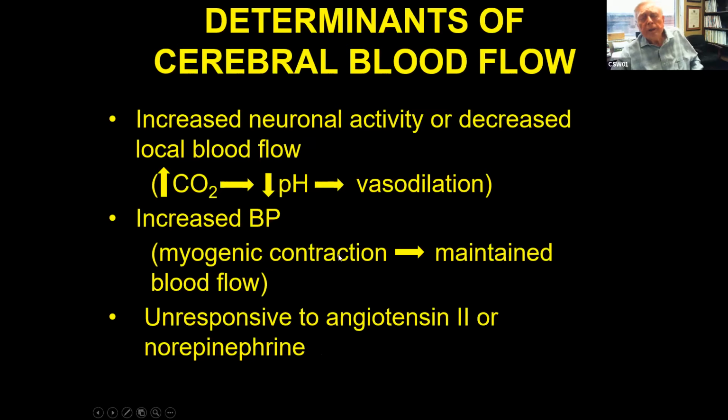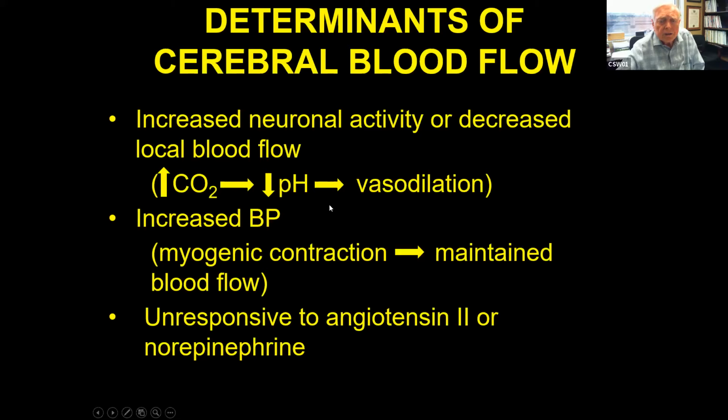So let's talk for a little bit about the blood flow to the brain, which is often the critical variable here. The brain blood flow is regulated by two factors. An increased neuronal activity or a decreased blood flow leads to the accumulation of carbon dioxide in that region of the brain, a local acidosis and vasodilation.